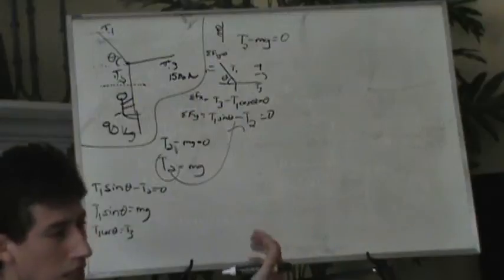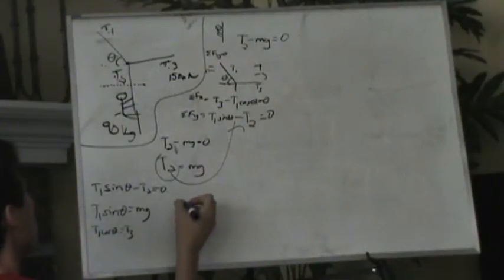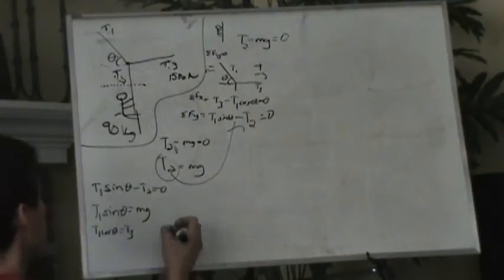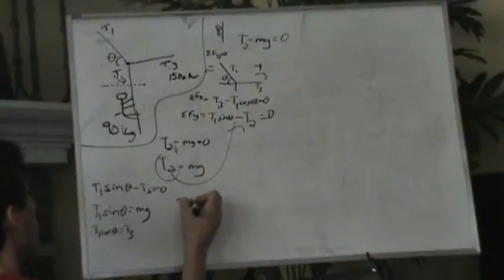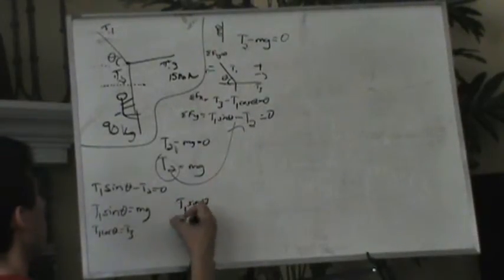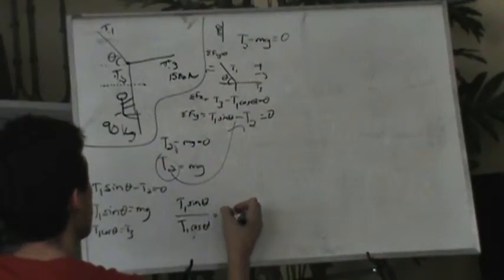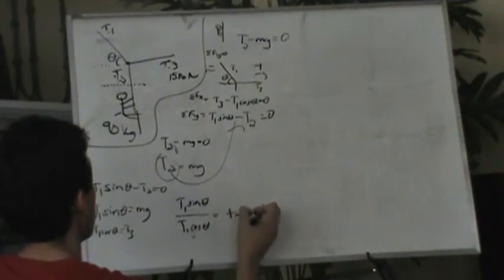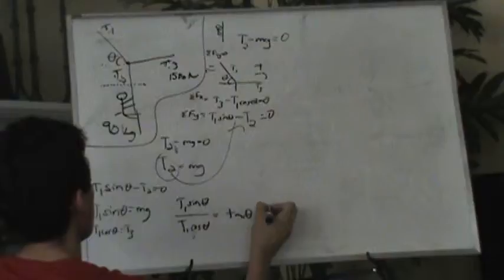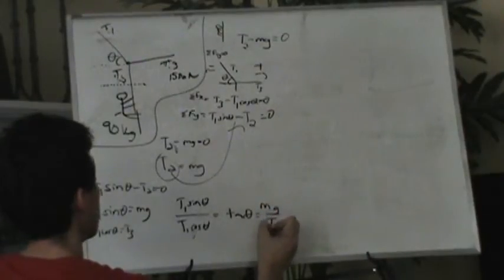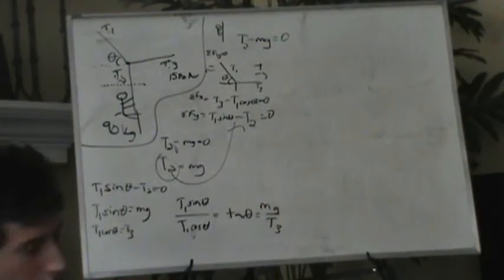So basically, what they do is they do this. They say, okay, they divide this, which would give you tangent theta is equal to mg over T3. If that's correct, yes.